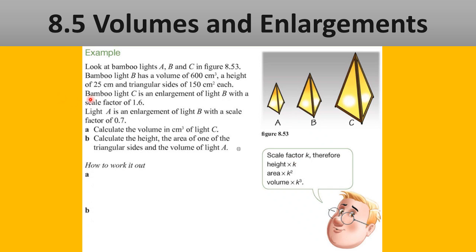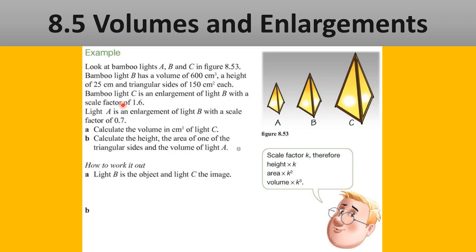Do I know the volume already? I do, right? The volume is given, 600 cubic centimeters for this one. Do I know k to the 3rd power? No, I do not know k to the 3rd power yet, but I do know what k is. The enlargement has a scale factor of 1.6.